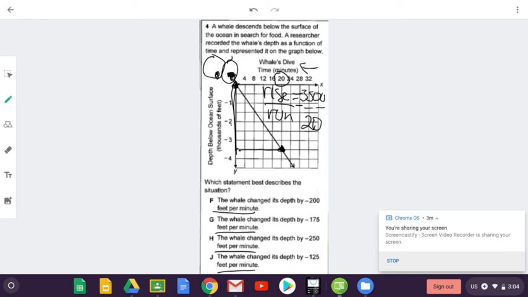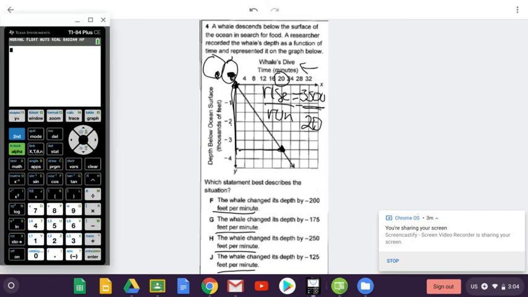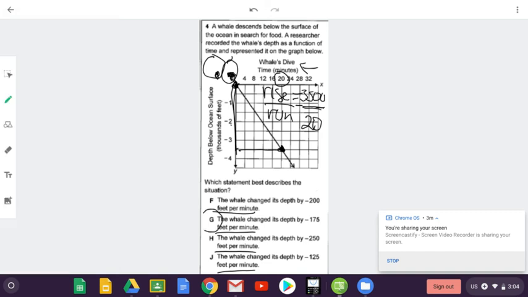Now all I'm going to do is take those two things and divide them. Here's my calculator, and I can just put my fraction in: -3,500 over 20. It's going to give me -175. There's only one of them that has -175, and that is letter G. And that's how we want to complete that problem.